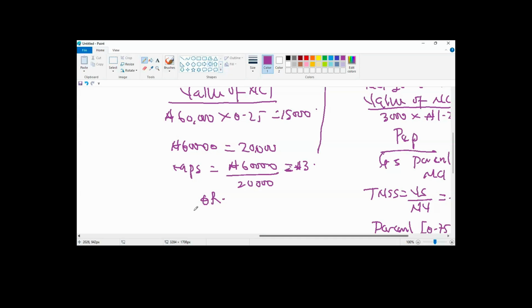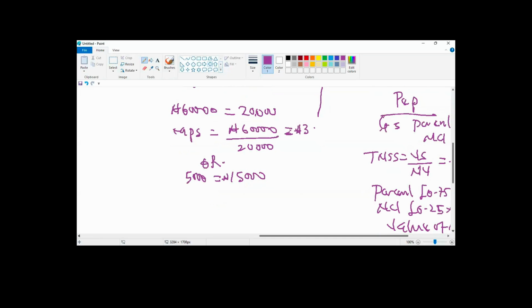So I'll now say if 5,000 shares equal 15,000, then 15,000 divided by 5,000 will still give me the market price per share of 3. Good. Now, why am I doing this?